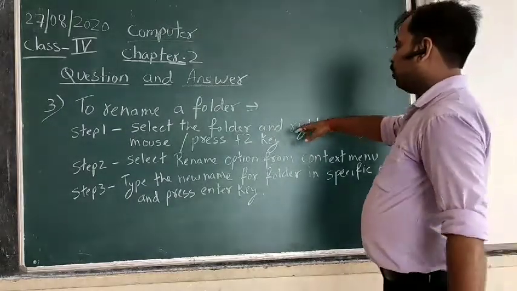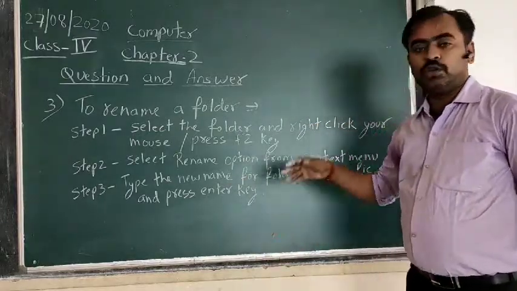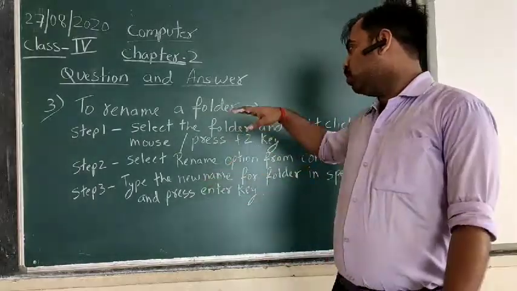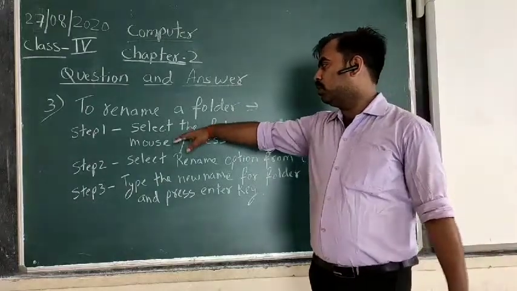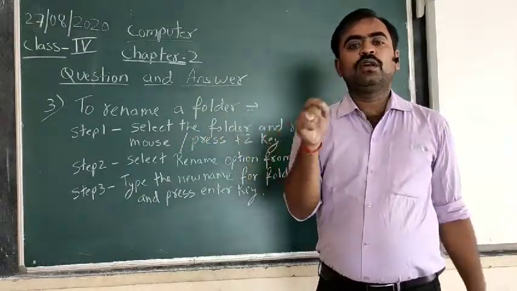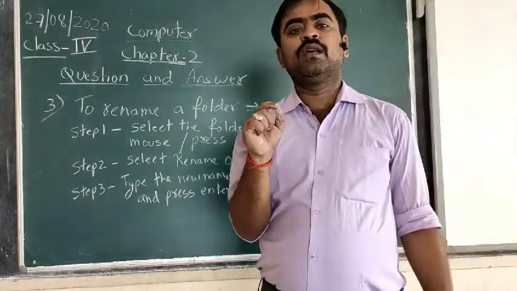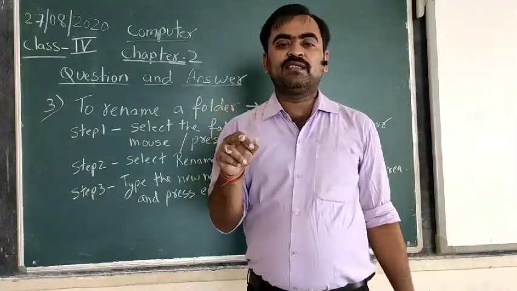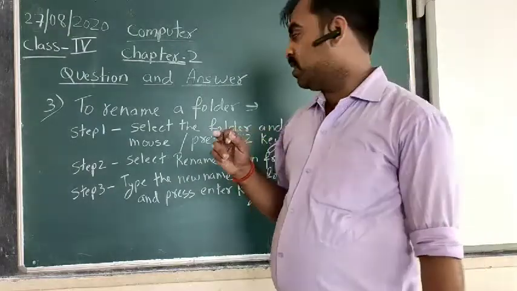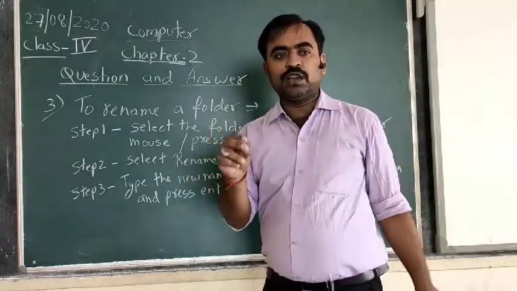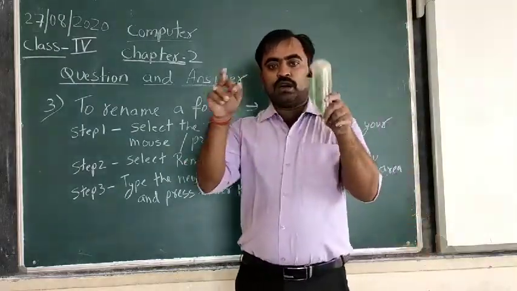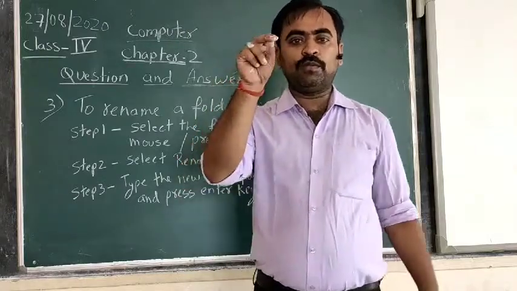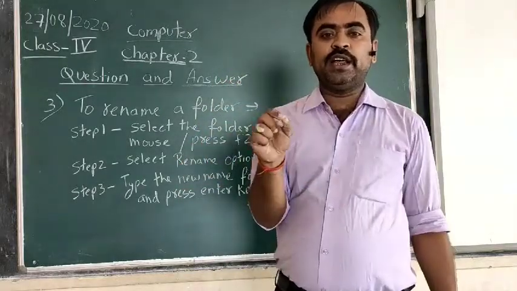So, to rename a folder, either you can do it from your mouse or you can do it using your keyboard also. If you are using the mouse, what you have to do? First of all, select the folder whose name you want to change, and then press the right button of your mouse. As soon as you press the right button, a context menu is opened, and from there you select the rename option.